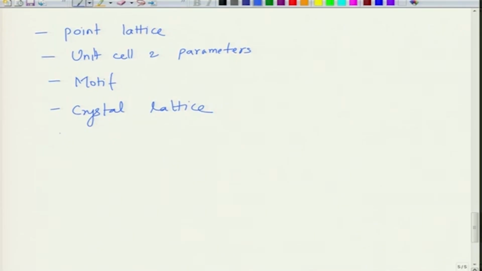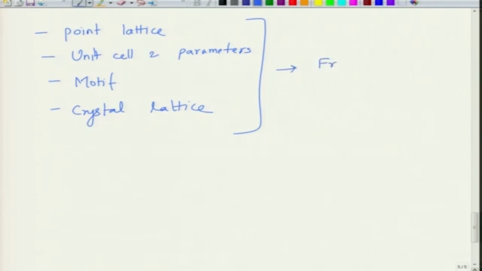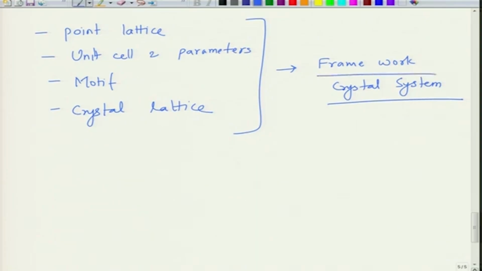Now, to distinguish between various shapes and possibilities, based on the symmetry arguments, people have evolved what we call crystal systems. It's called a crystal system because we have multiple choices of unit cell. In a logical fashion, not to have millions of choices, we have defined a framework which is called crystal system.